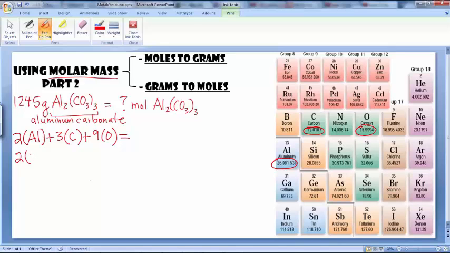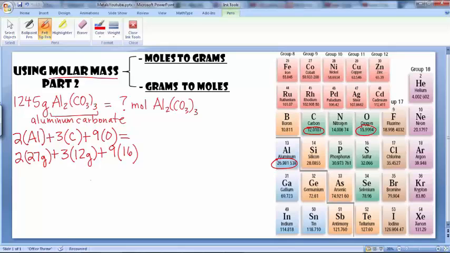Okay, so 2 aluminum atoms and we're just going to round it to 27 grams, and 3 carbon atoms, we're going to round it to 12 grams, plus 9 oxygen atoms, we're going to round it to 16 grams.